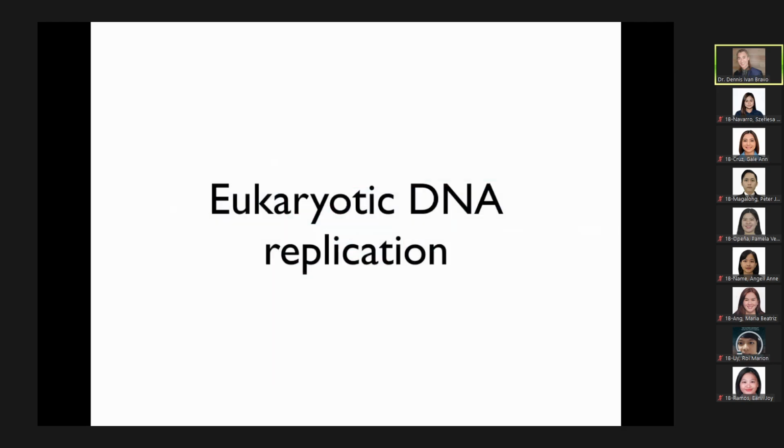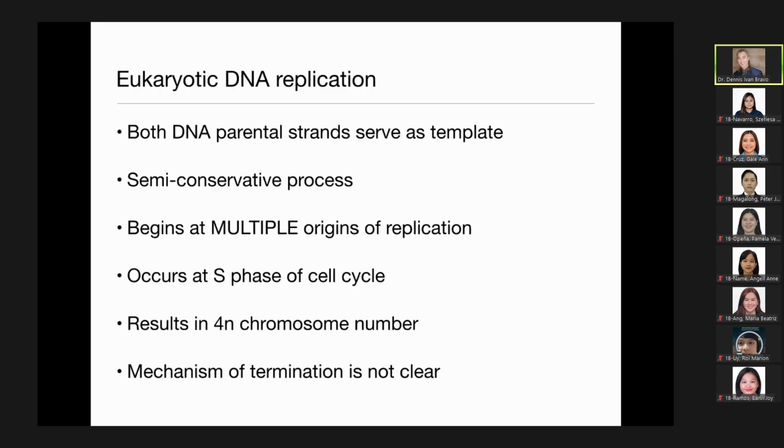Let's move on now to eukaryotic DNA replication. It has a lot of similarities with prokaryotic DNA replication with some major differences. So what are the similarities? Eukaryotic DNA is double-stranded, so both parental DNA serves as template, just like in prokaryote.